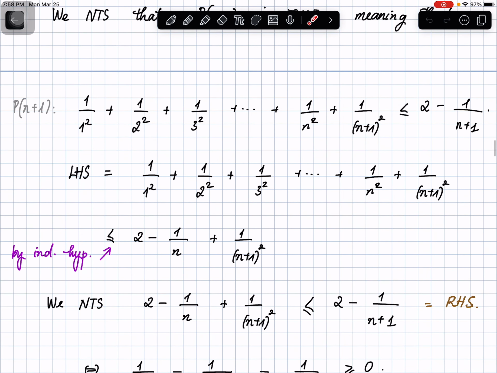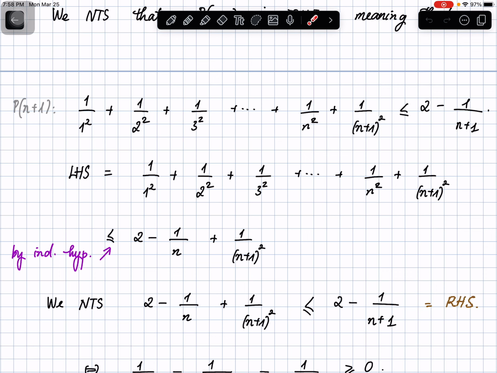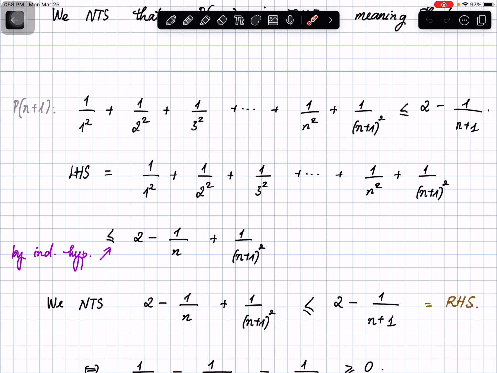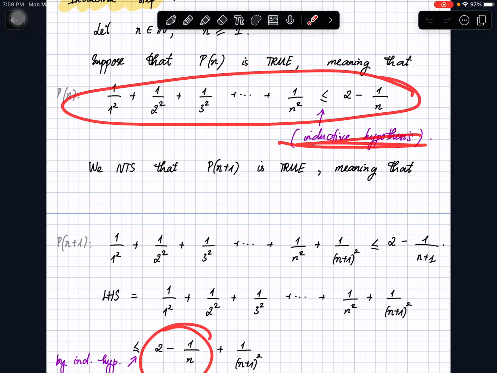Now we need to prove this inequality. The left hand side of P(n+1) is this sum. We know that the sum of the first n terms is less than or equal to 2 minus 1/n because of the inductive hypothesis.